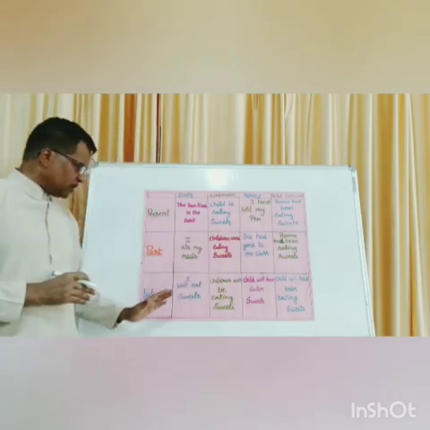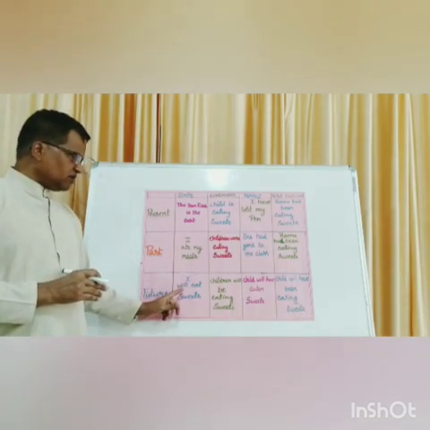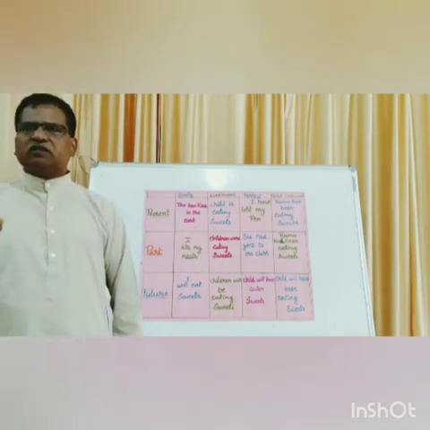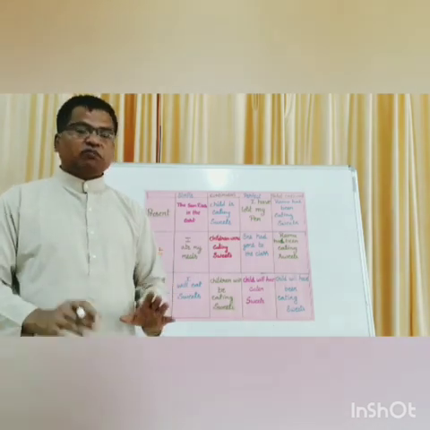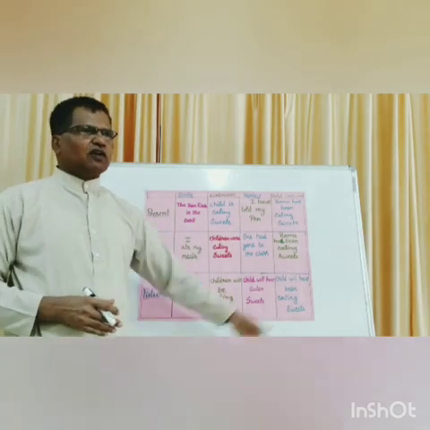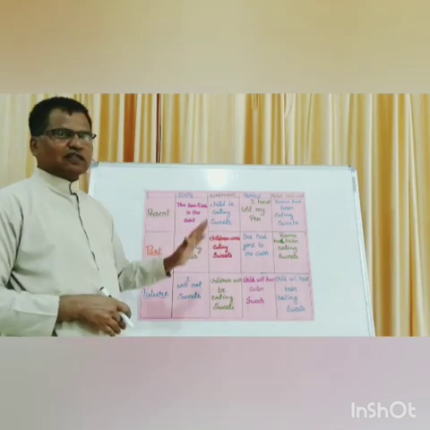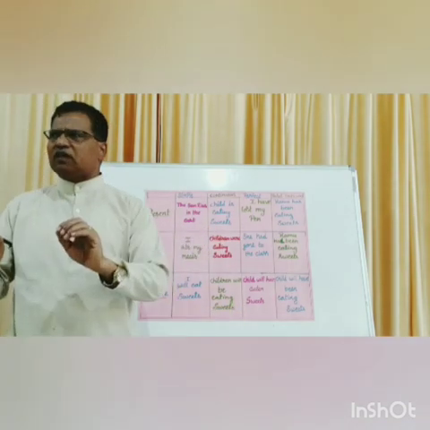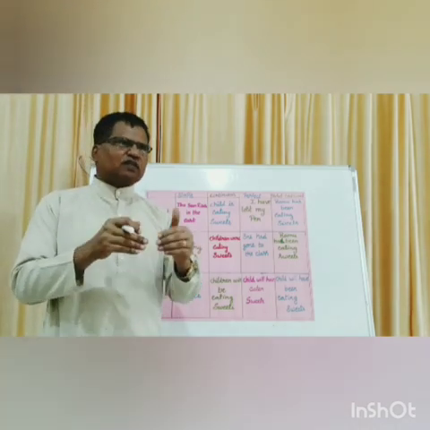Okay, now we are here. Future simple. In future simple also there is not much issue. Whichever subject you use, the helping verb will be will. For that matter, everywhere there will be will, so all the columns are easy for you. The ones above these might be difficult, but this one is very easy to pinpoint because everywhere there will be will. But remember, not only will, some other things are added for other columns.